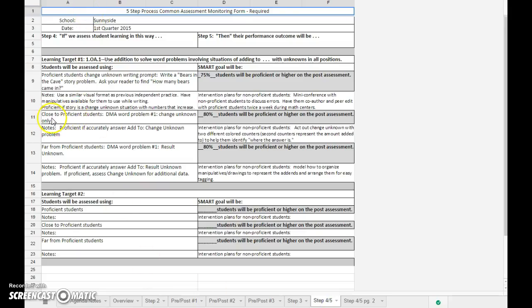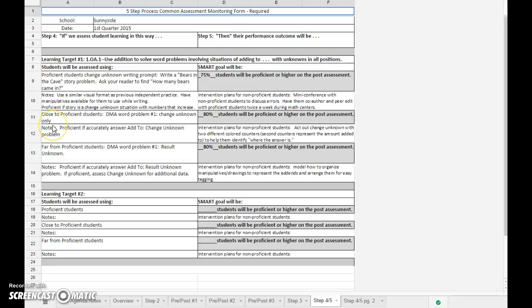So, again, you will be determining based on the cohorts what students are proficient. That's our goal. We're looking at what students we want to be proficient based on the cohorts.